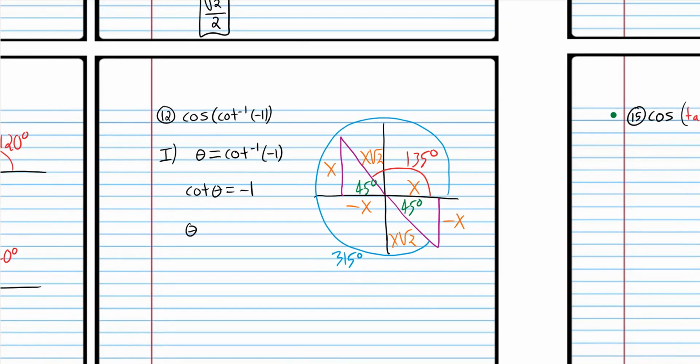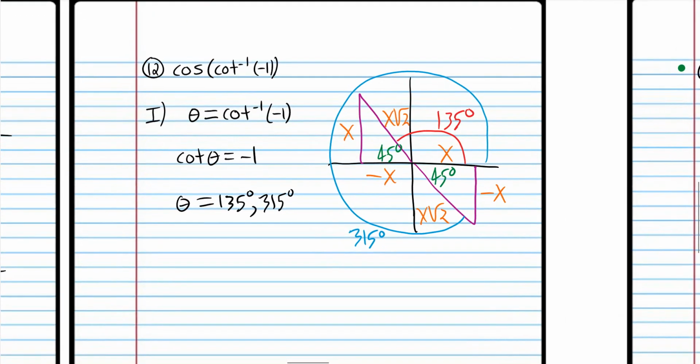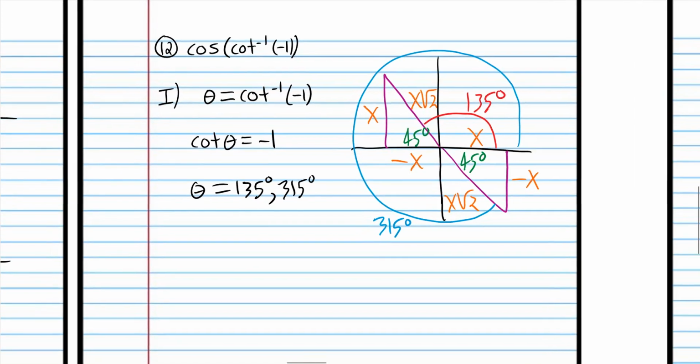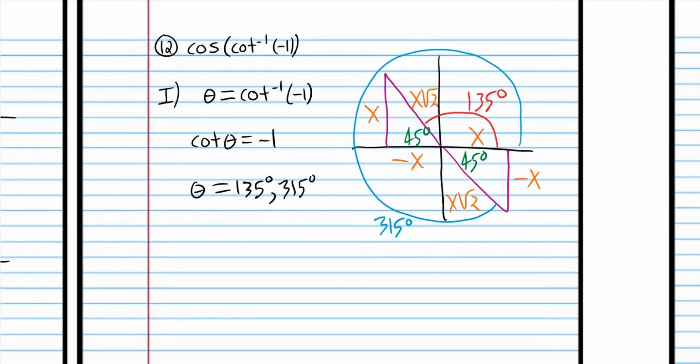So theta is equal to 135 degrees or 315 degrees. Cotangent inverse is restricted. The values must be between 0 and 180 degrees. So cotangent inverse of -1 is equal to 135 degrees.